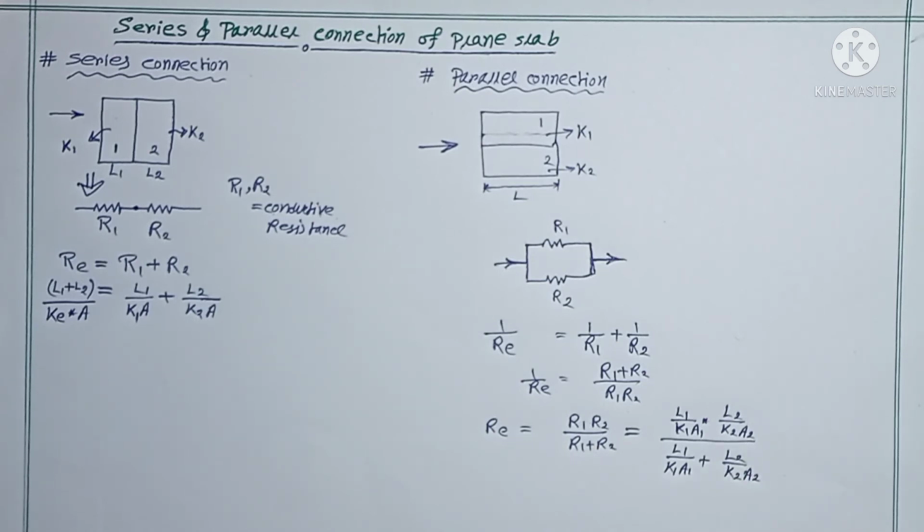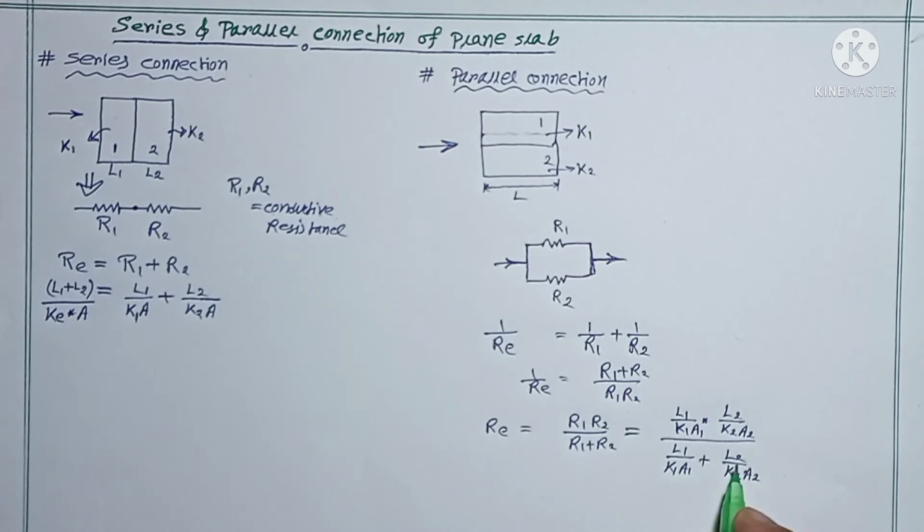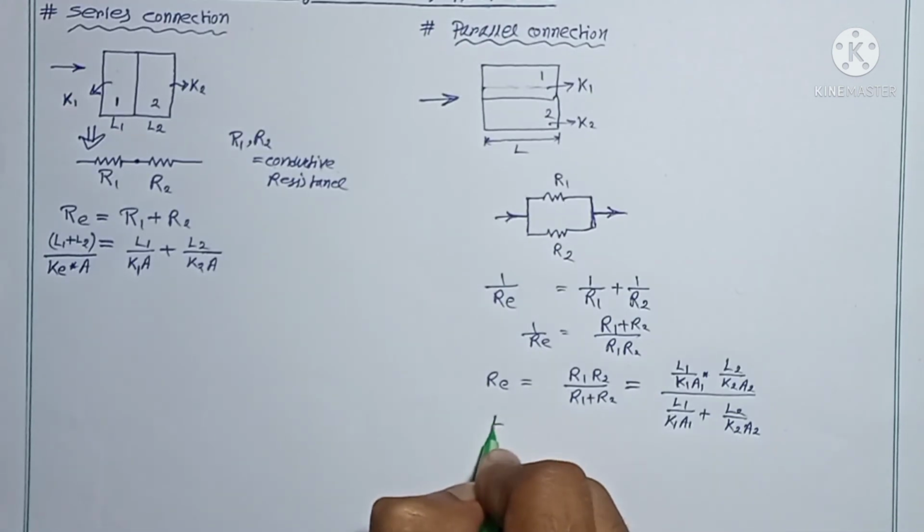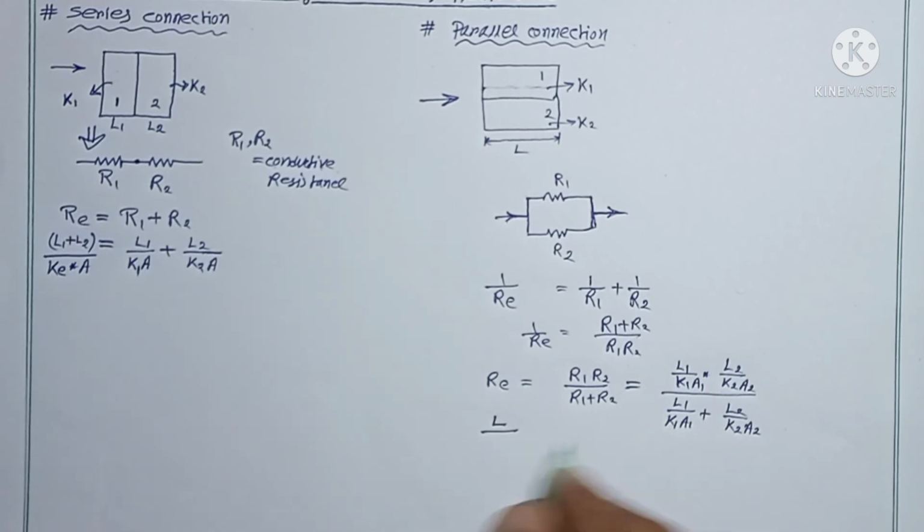If you basically solve this, most of the information will be present, and only one will not be present, so you have to find that queried quantity. So for this R equivalent, you can write it again if you want: the total L is nothing but L, and K1 and K2 together is nothing but your K equivalent into the area.